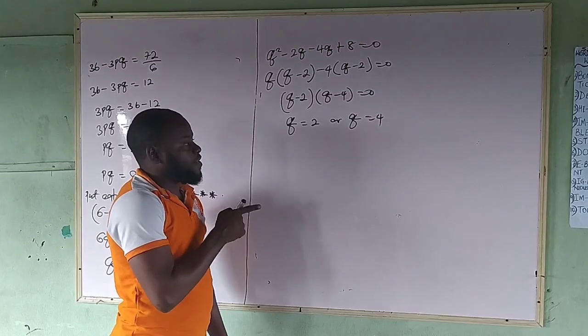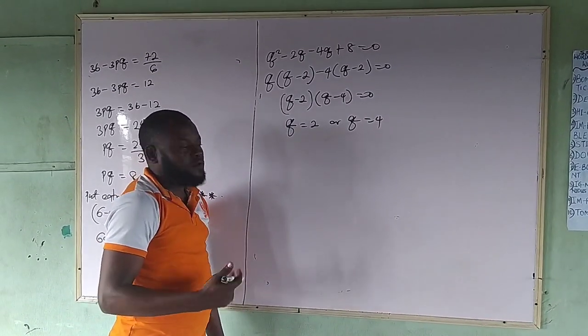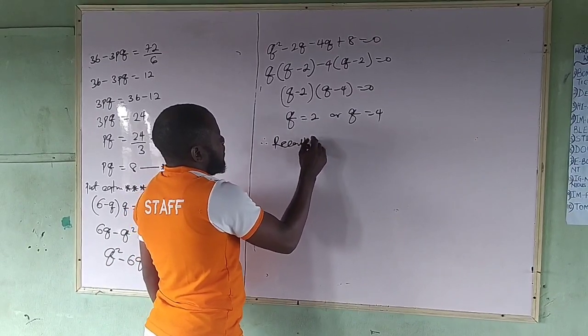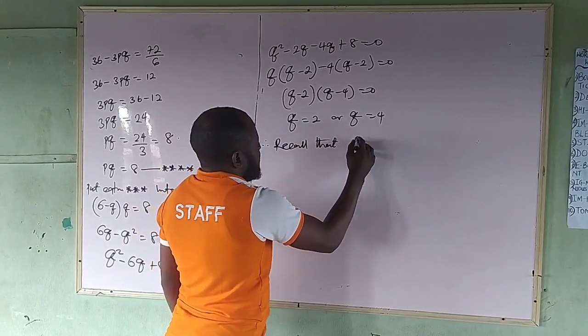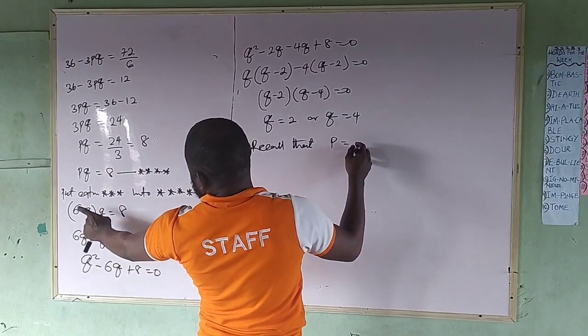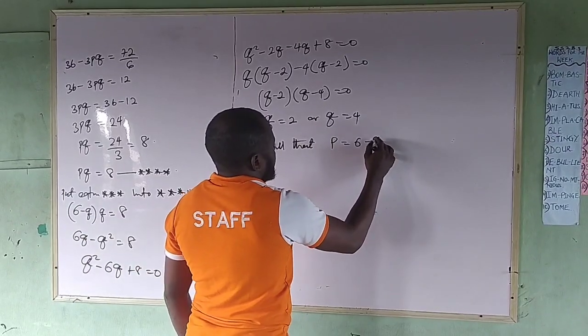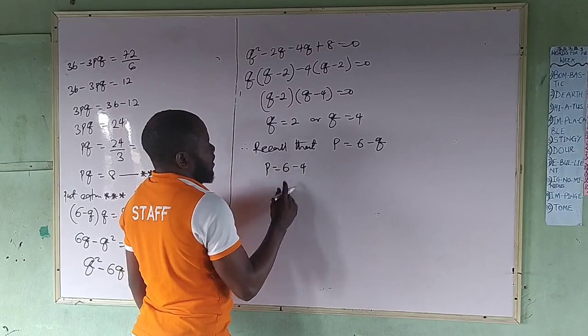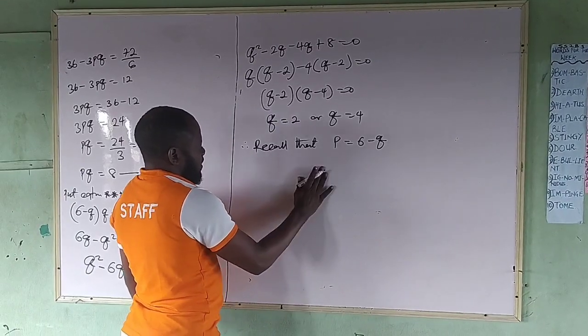Since we got the value for q now, we can get the value for p, right? Recall that p equals what? 6 minus q.